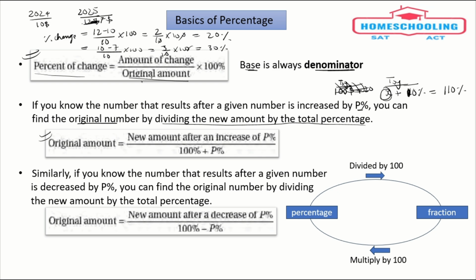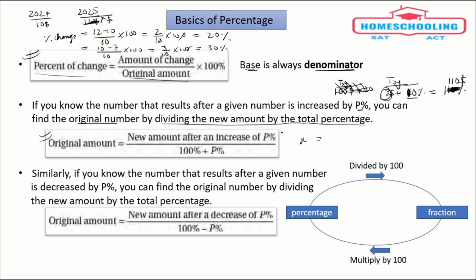We don't know the original amount, so the original amount is X here. The new amount after an increase of p%, that is after adding tax of 10%: X dollars was the price and 10% was the tax. Let's take it that after putting 10% tax, the price is $110.